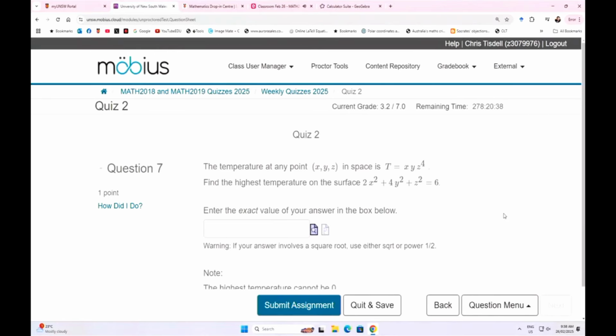Okay, this is probably as difficult as it gets. Your function that you're interested in is a temperature function. It has 3 inputs, x, y, and z, and the surface involves 3. I don't think you get anything harder than that.